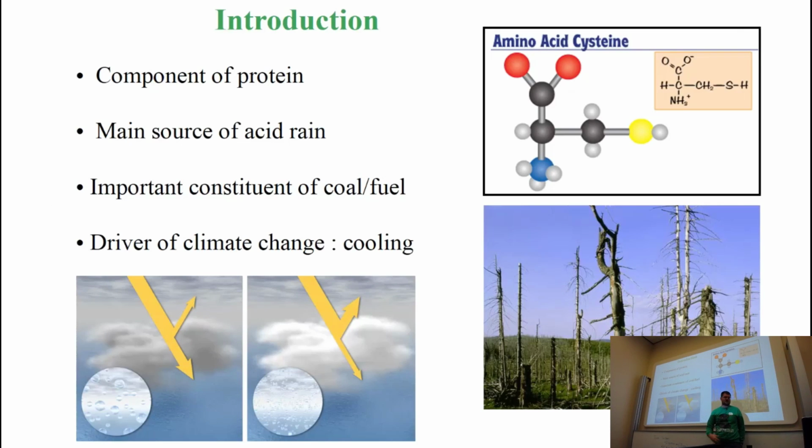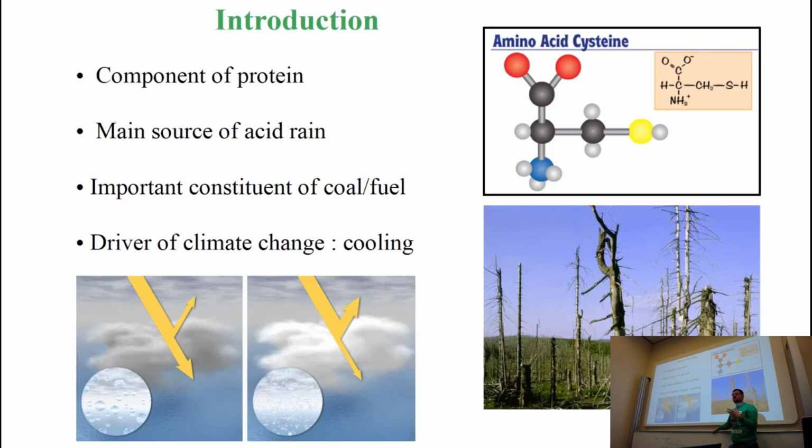So sulfur is important because it's an important part of quite a lot of the molecules that make up our cells. Okay, so again, amino acids quite often have a sulfur on them. Apart from being essential for life, it also is a main source of acid rain.